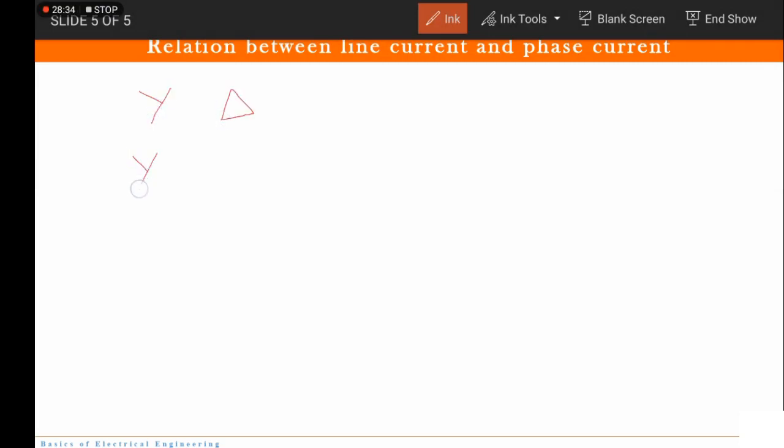Then we discussed star connection here, and in star connection we said IL is same as IPH. It means the line current is same as the phase current, but phase voltage and line voltage are not same. So line voltage is √3 times the phase voltage, or phase voltage can be given by this. Okay, so with this we end today's lecture, and in the next lecture we will discuss delta connection. Thank you.